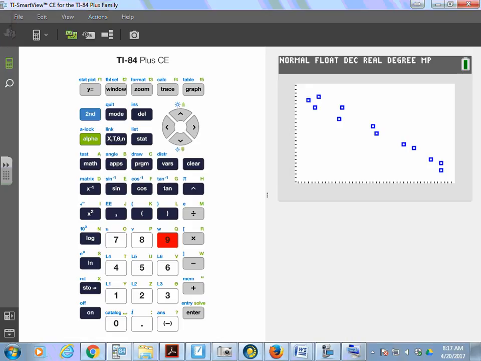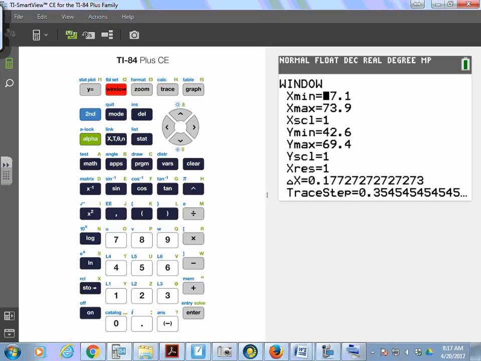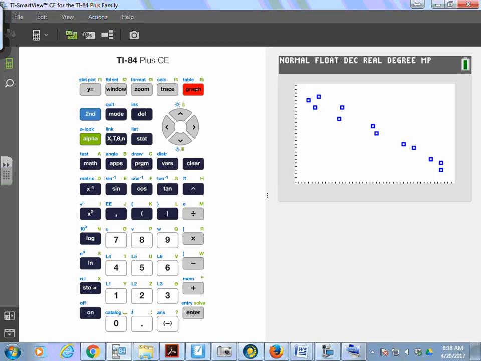So if I look at Window here, it's just big enough for that data. We can see that it's going from 27 to 74 on the X, 42 to 70 on the Y, because that's all I really need. We could have done that on our calculator or on our paper too, but we did the whole thing. Now if I press Graph, it's there.